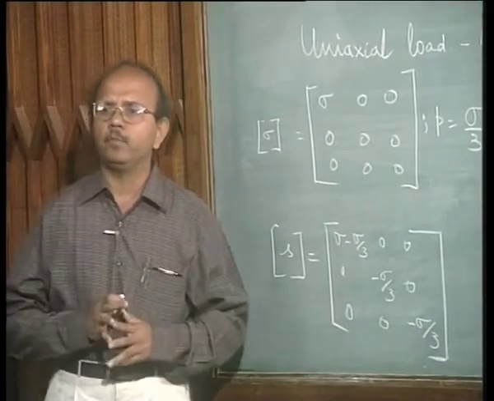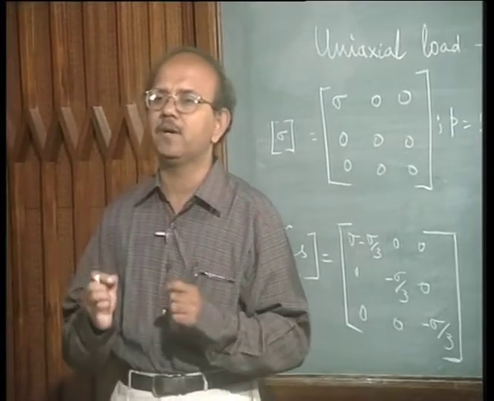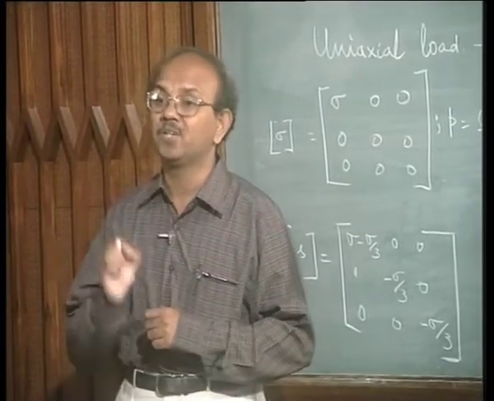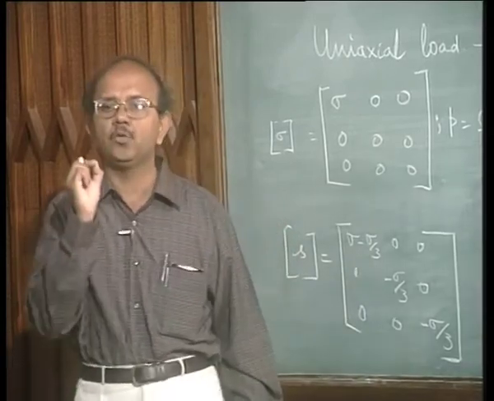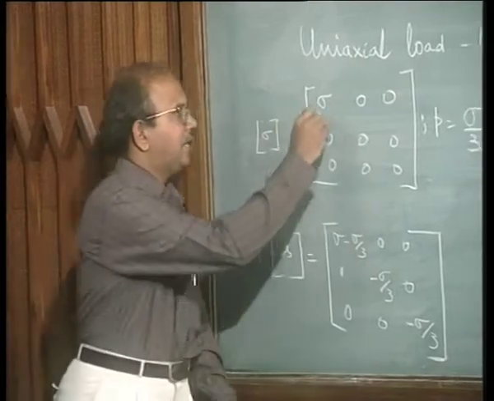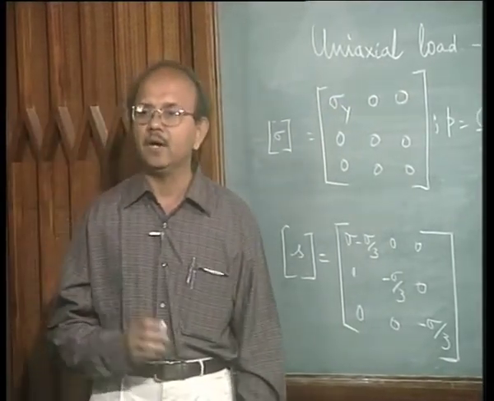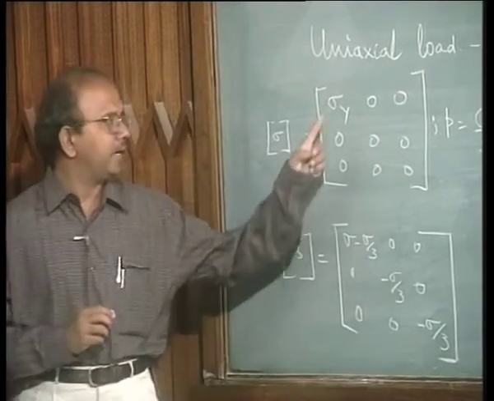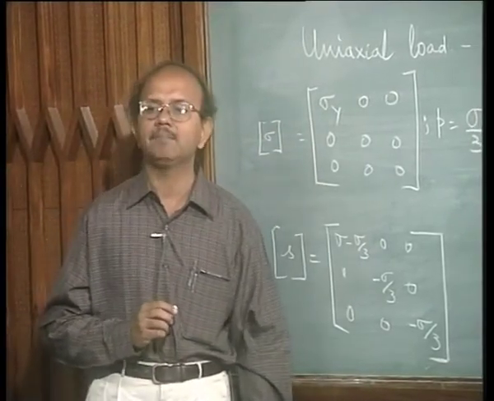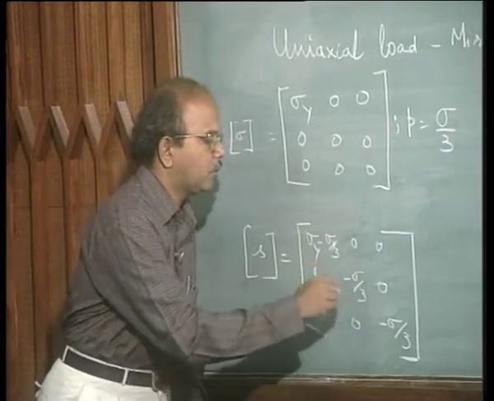We very well know that yielding occurs in a uniaxial case when sigma reaches sigma y, or in other words the critical sigma in a uniaxial tension is sigma y. So, to get my critical k, the k which is of interest to me, I substitute sigma as sigma y.